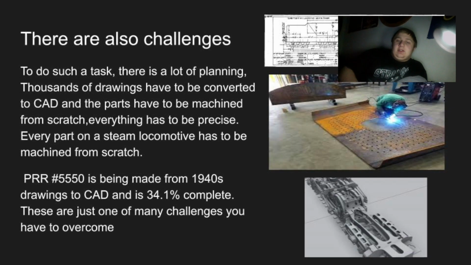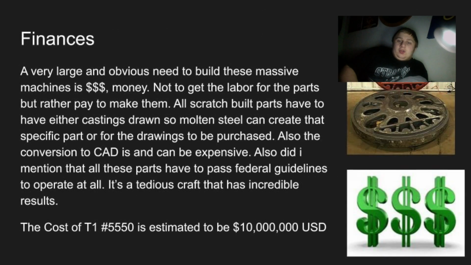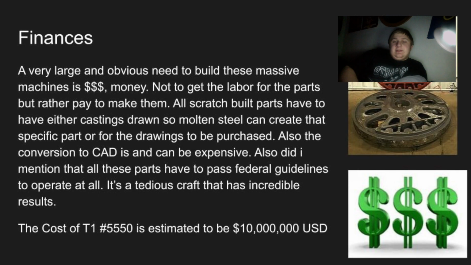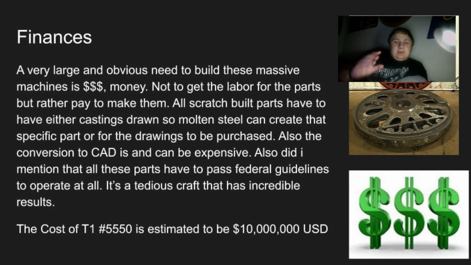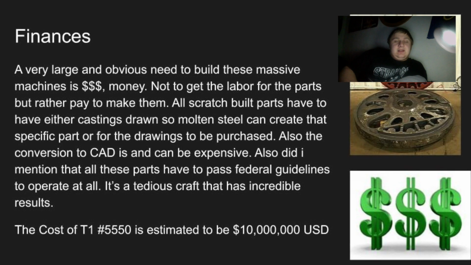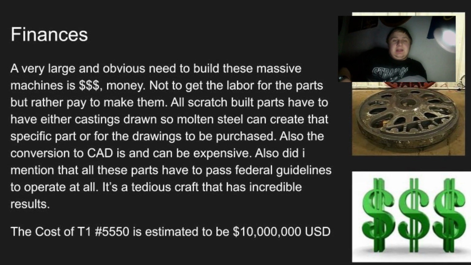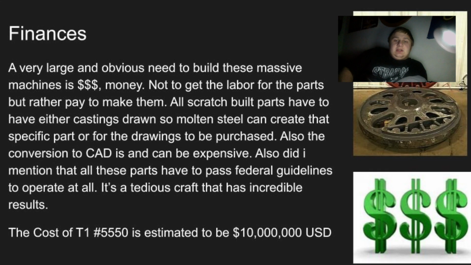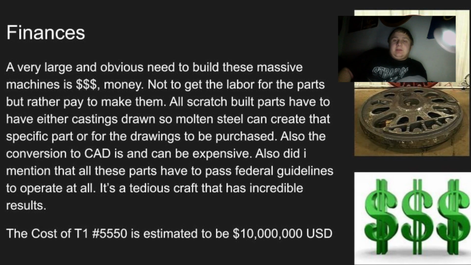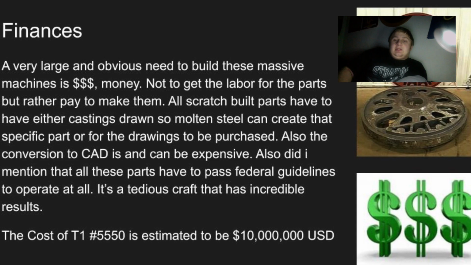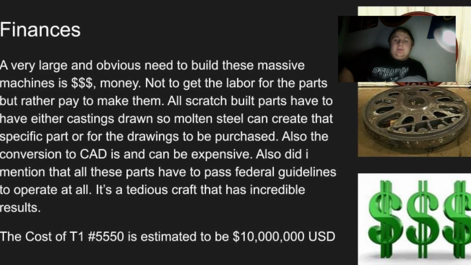Another thing you have to go through, and it's what many groups go through, is monetary problems. These parts are very expensive, and not really for labor-wise, but rather the payment you need to make them. Each part costs a lot in machinery usage, and also if you're making a giant component like a box driver, or even the cylinders, you have to make a casting of it.